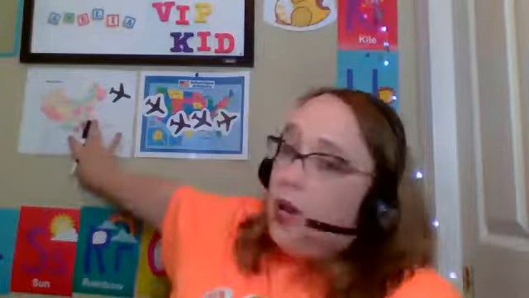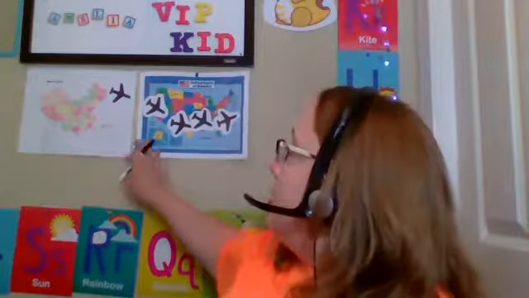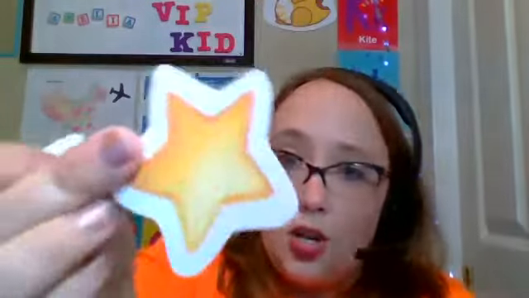I printed out, because I already had a map of China on the wall, and then I added a map of the United States, and the lesson was about travel, and so my secondary reward system, I printed out little airplanes and used airplanes, and every time the student got 3 airplanes, they got a star. I had my star printed out, which I actually use in lessons every single day.